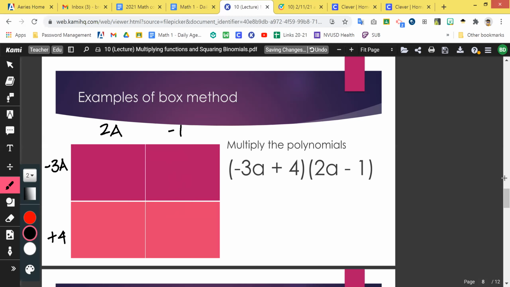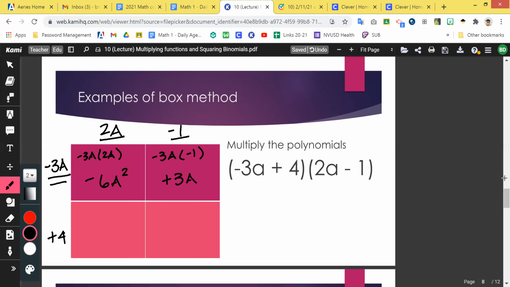Okay, now we're going to jump into the multiplying part. So again, my first box, top left, -3a times 2a. -3 times 2 is -6. A times a is a squared. Now I move to the next box, top right, -3a times -1. -3 times -1, that makes +3, that a tags along.